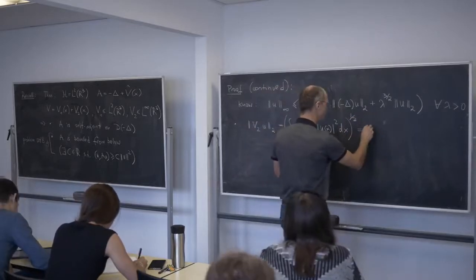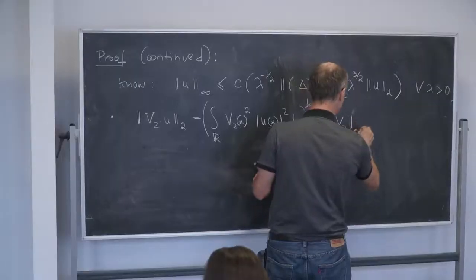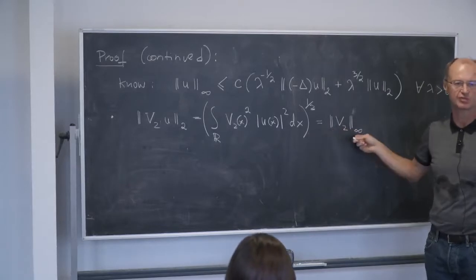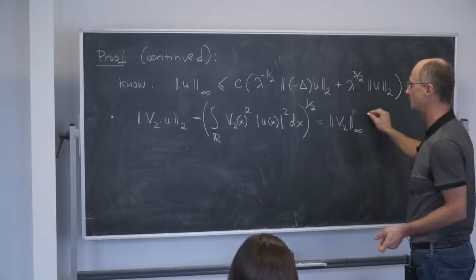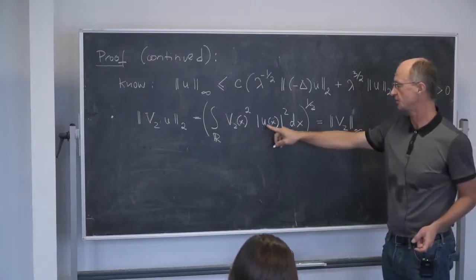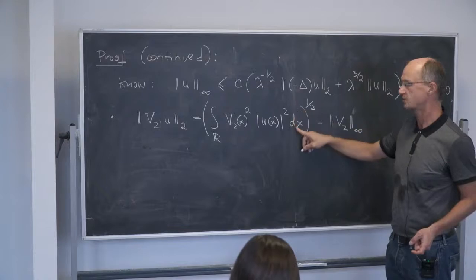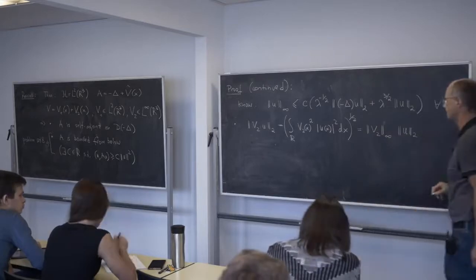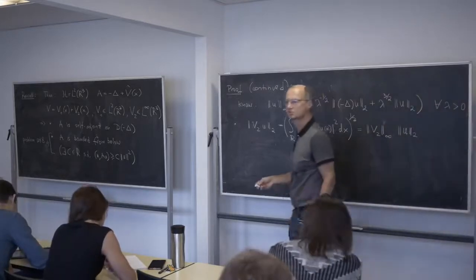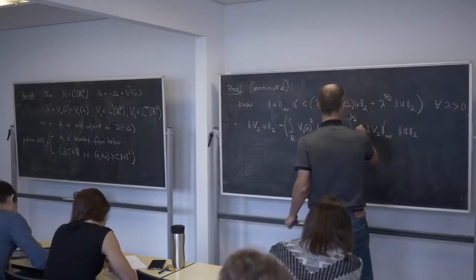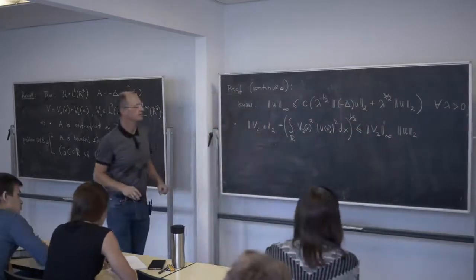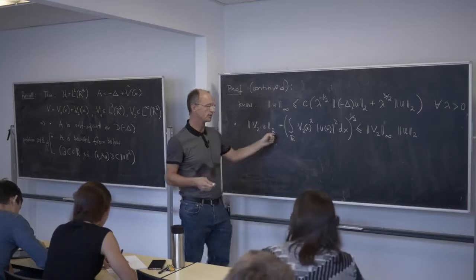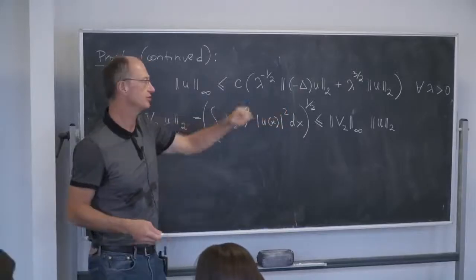So this is estimated by the bound on V2. So the bound on V2 is its infinity norm. So times, what remains in the integral is simply the absolute value of u of x squared dx. And that's the 2 norm of u. So if one of the functions is bounded and the other one is L2, then the L2 norm of the product is estimated as an infinity norm times the 2 norm.